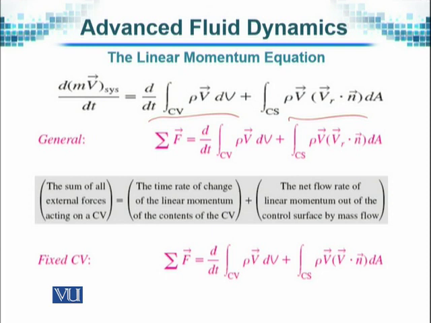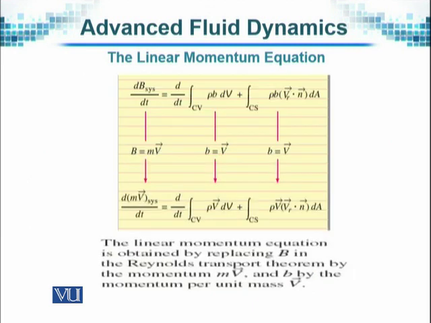The same thing is written in the descriptive form, and for a fixed control volume, the summation of forces can be written as d by dt of this quantity, that is the integral of the momentum. This integral is taken if the density is changing, and so this is control system and this is control volume. So the two things have to be taken care of if we want to calculate all the forces that are occurring there.